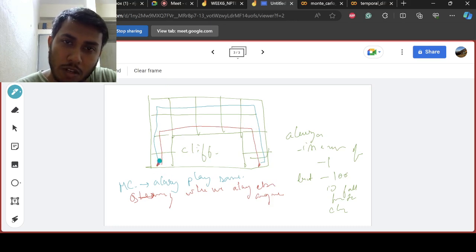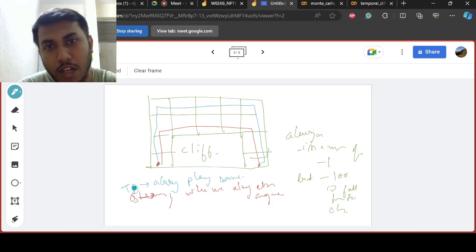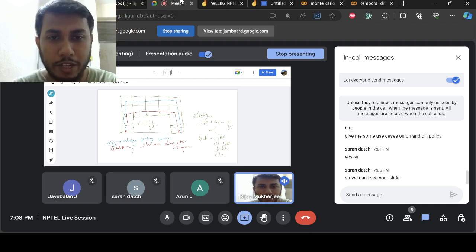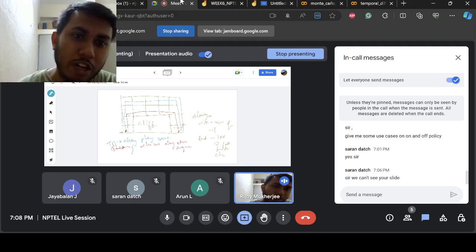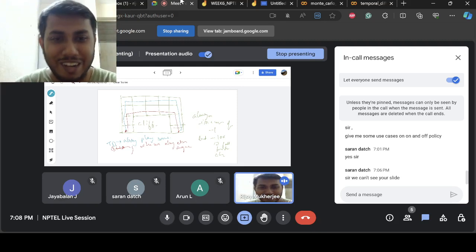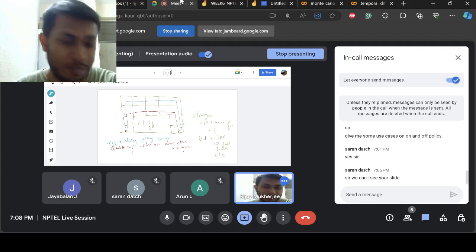And if you are using TD, it will always choose the safest path. It doesn't bother, you will reach the goal, that is not a problem, but it will not choose the shortest path. It will just try to play safe, that I will not take the risk of falling down.